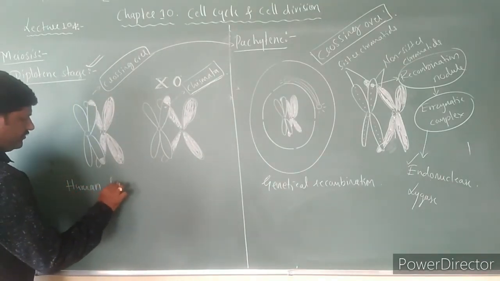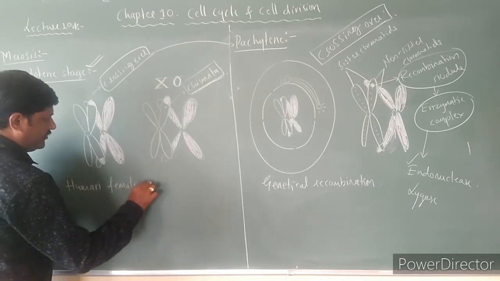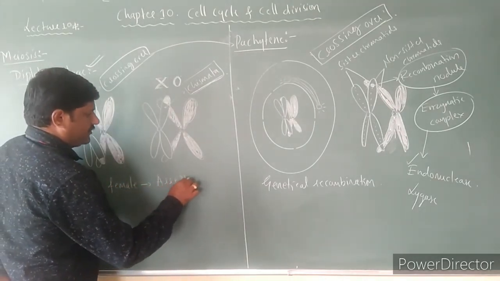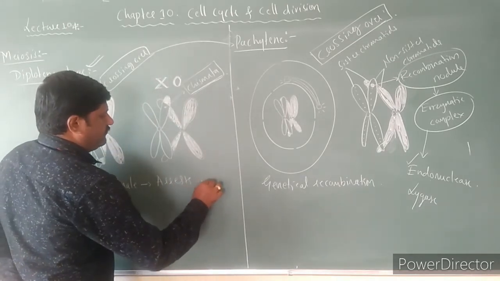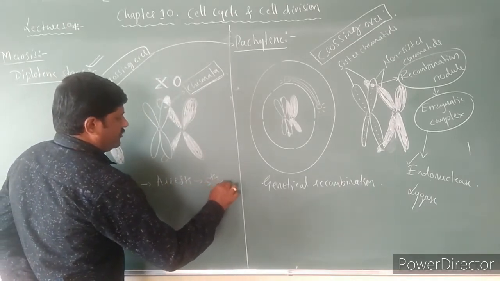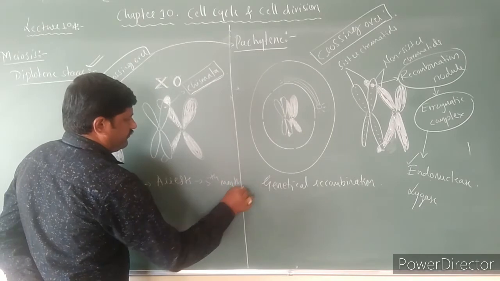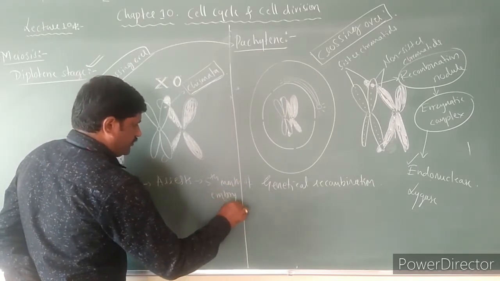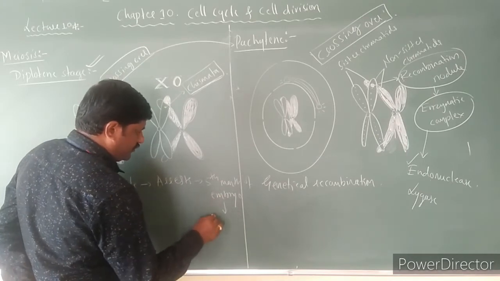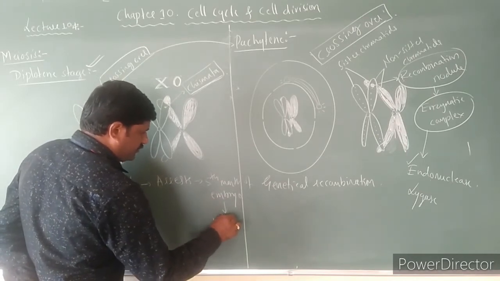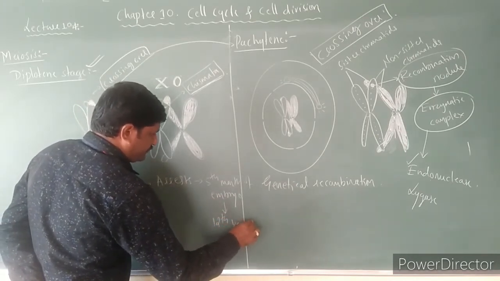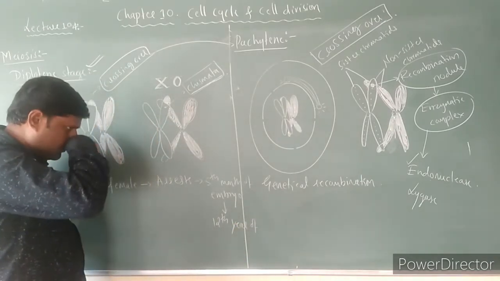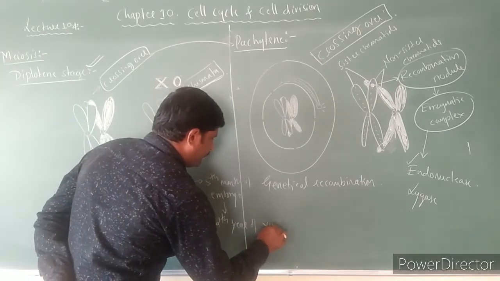In human females, it arrests from the 5th month of the embryo up to the 12th year, almost the 12th year of the young one.